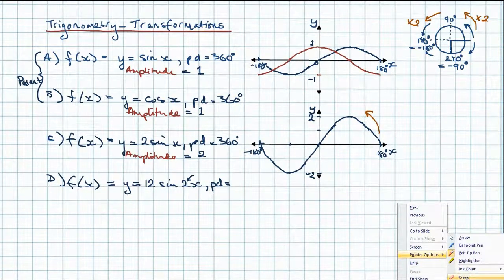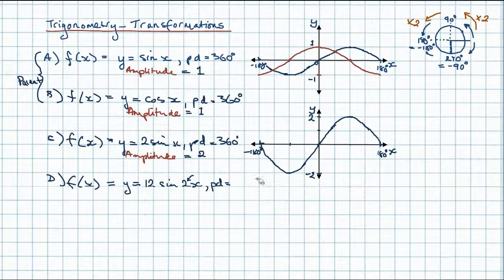Okay. Now, if that's the case, then it's going to get around the circle, in other words, complete a full period twice as quickly. So the period now is going to be half of what it was. So the period is going to be a half of what our period usually is, which is usually 360.